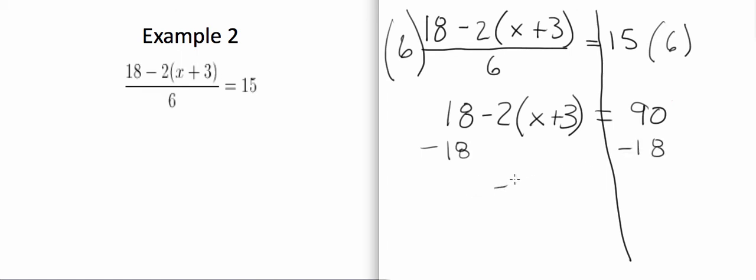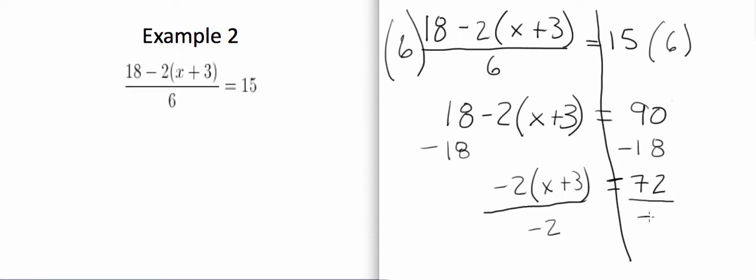That's going to give us negative 2 times x plus 3 is equal to 72. And now we're going to divide by negative 2. Over here on the left we get x plus 3, and on the right 72 divided by negative 2 gives us negative 36.